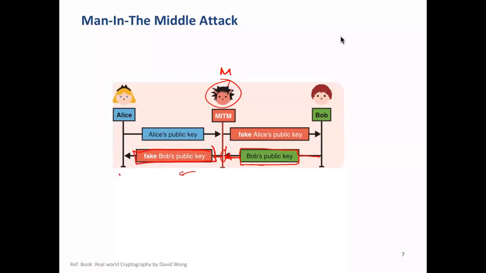Okay, so Alice will believe this fake public key, which Mallory has generated, is Bob's public key. Okay, similarly when Alice sends her own public key, Mallory in between changes it with a fake public key.